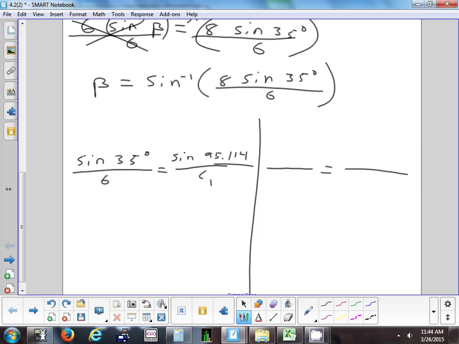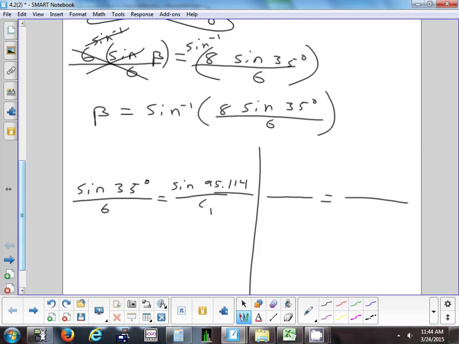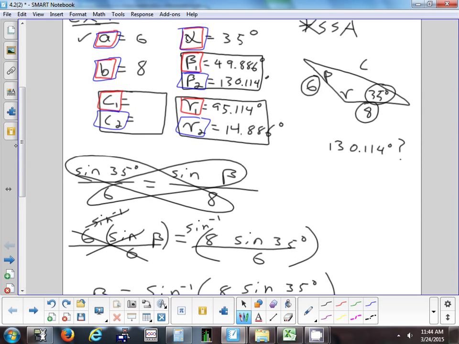Let's set up the other one while we're going. We're going to use row A again. So sine 35 over 6. This time, use gamma 2 with C2. Sine 14.886 divided by C2.